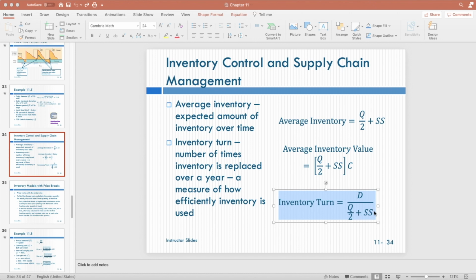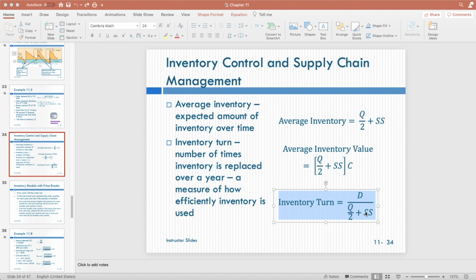So the overall average inventory within your warehouse or your retail store should be Q over 2 plus this safety stock. You see that the numerator is how many units you produce, but the Q over 2 plus safety stock in the denominator is how much inventory you still keep within your warehouse or retail store.